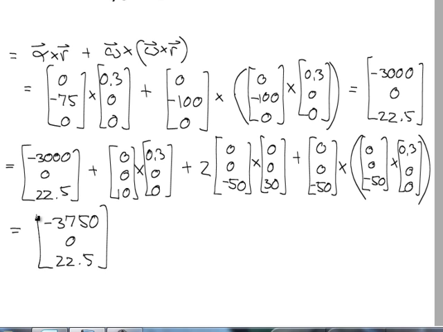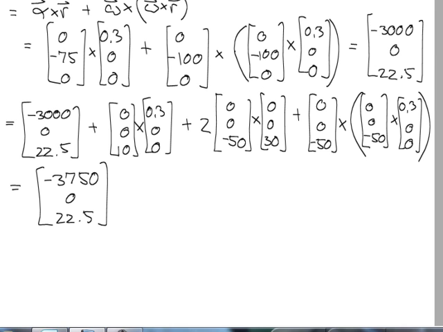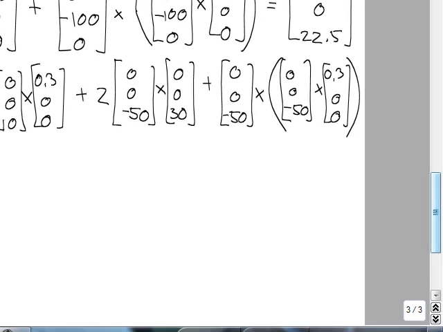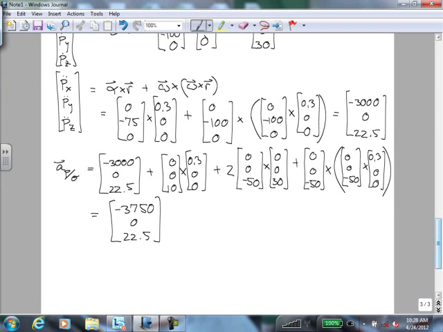That's what I got. That second term, 0, 0, 10, you cross Z and X. Yes, there's a 3 in there. That should be positive 3.